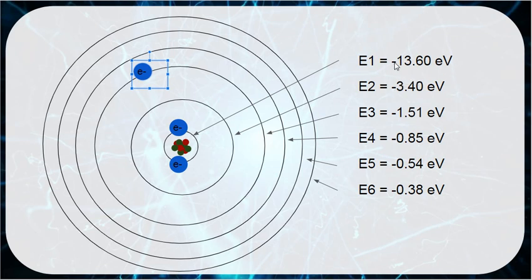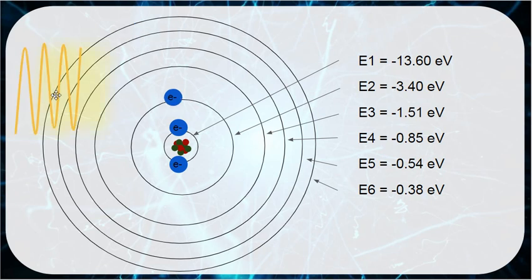Remember, in negatives, this is a lower number than this because it's negative. And the more energy you add, the higher it can go up. So energy is coming in. That energy causes the electron to go up.